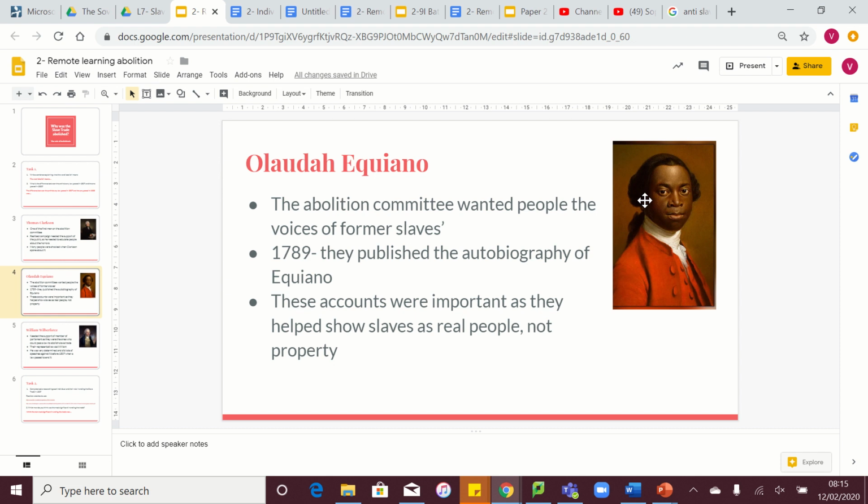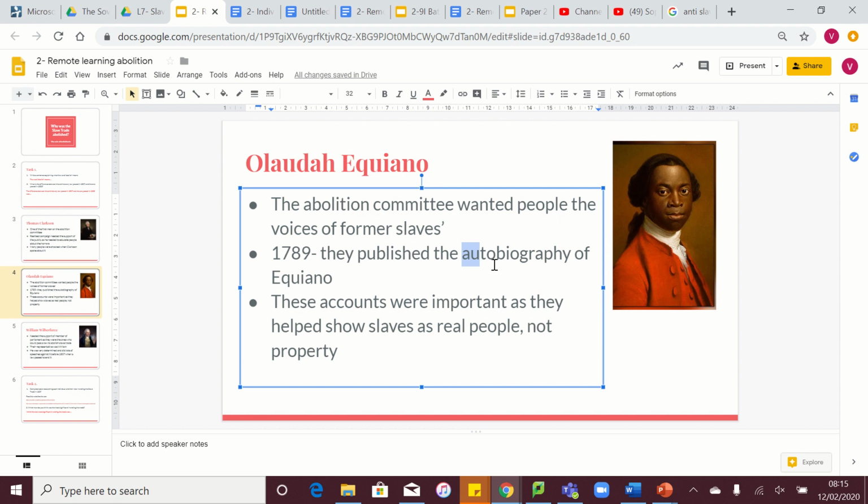He was then able to travel the world, and he became quite educated and could read and write. He ended up publishing his autobiography, which means a book about his life, and he spoke about life as a slave. This was quite important because it showed people that black people could be educated, that they could think for themselves, and that they aren't just objects, that they do have brains.